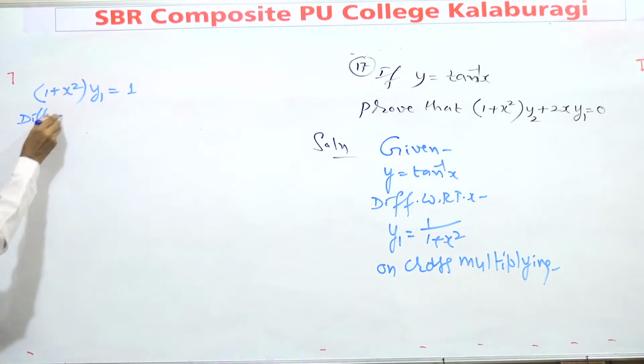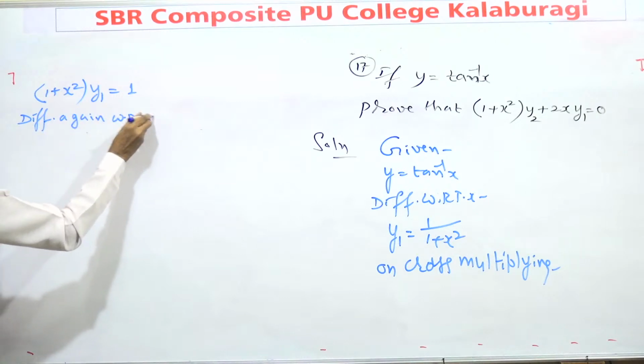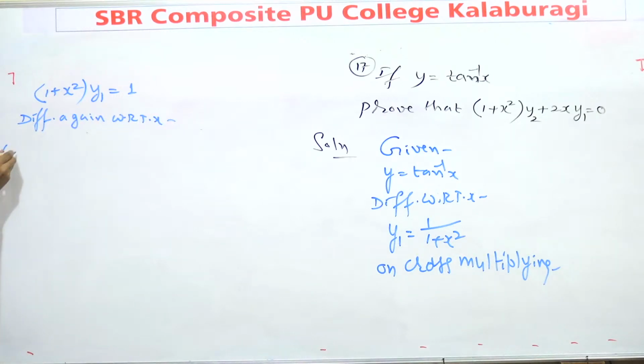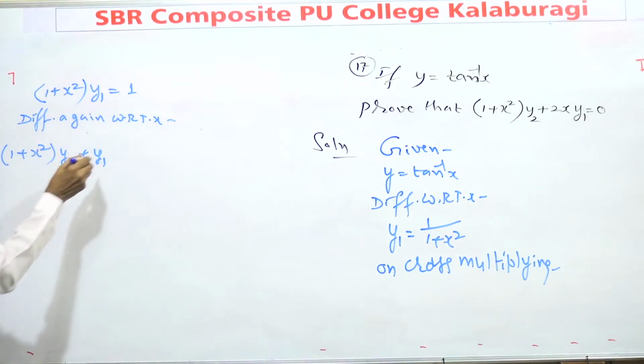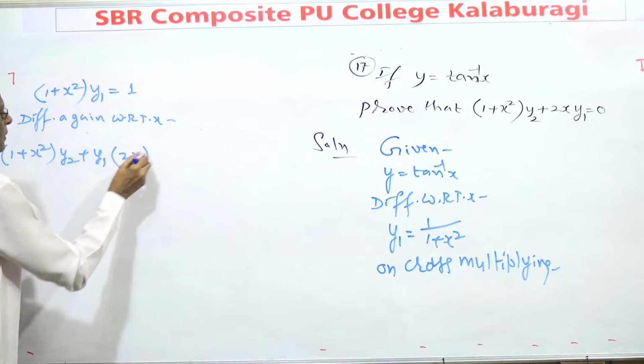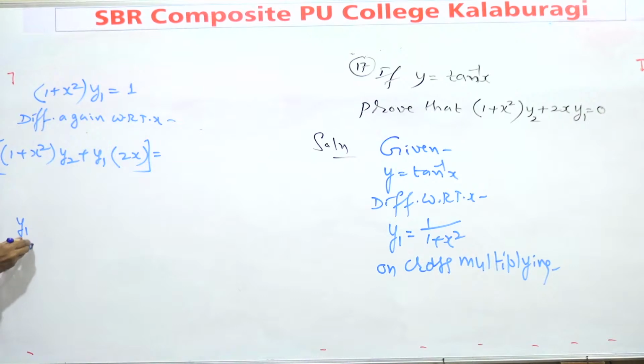Differentiating again with respect to x. Bracket first function, differentiate y1. y1 second function, differentiate first function. Product. Differentiation of y1 is y2. Differentiation of 1 plus x squared is 2x.